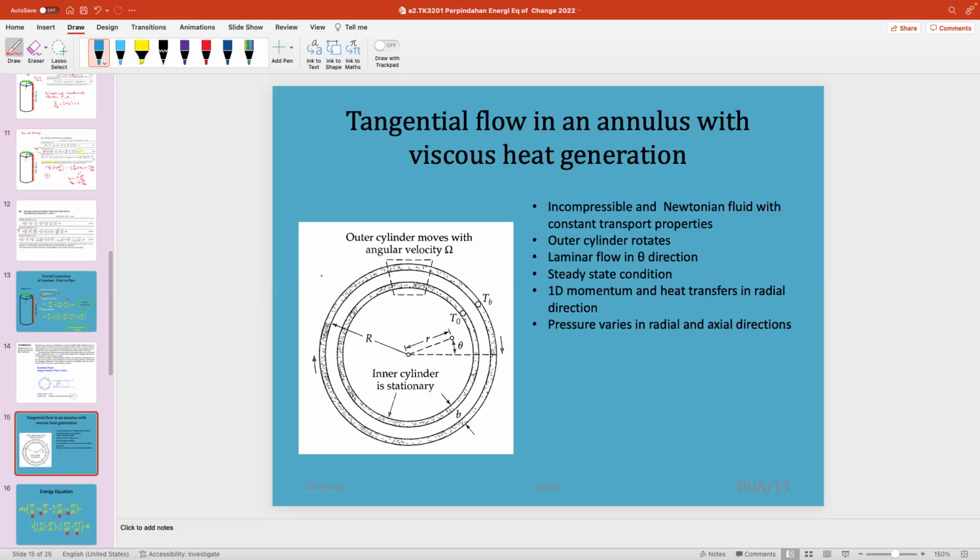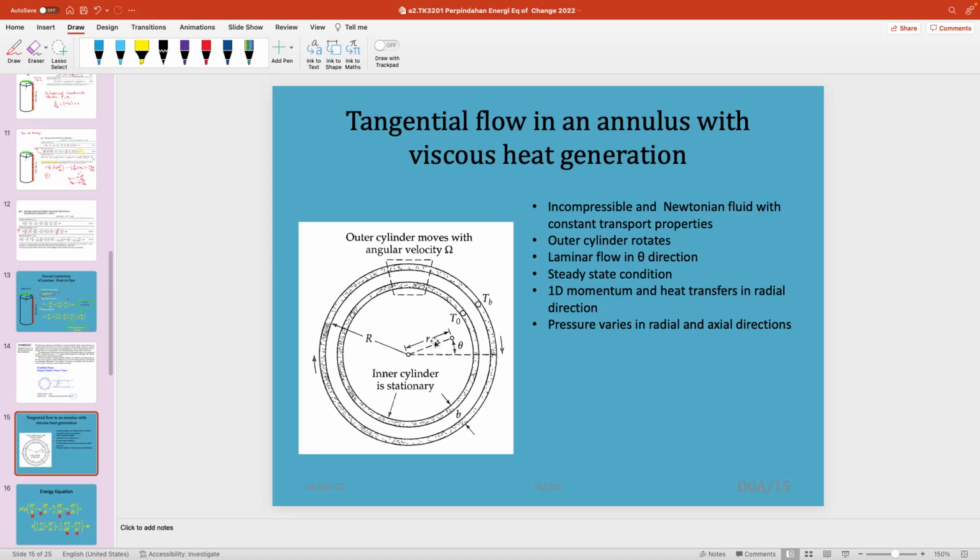So in this tangential flow in an annulus with viscous generation, you have the inner one with, let's say, the temperature T0, and the outside is, let's say, TB. It is an incompressible fluid with constant transport properties, and the outer cylinder rotates.